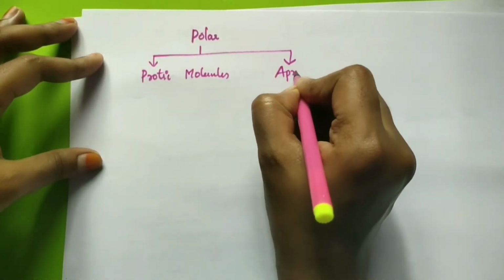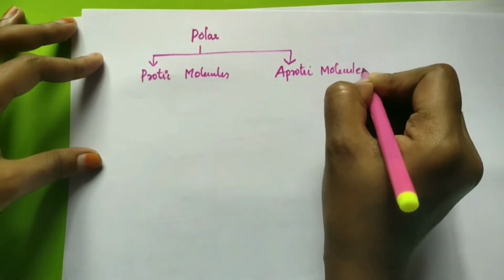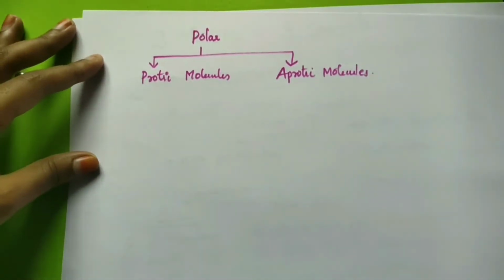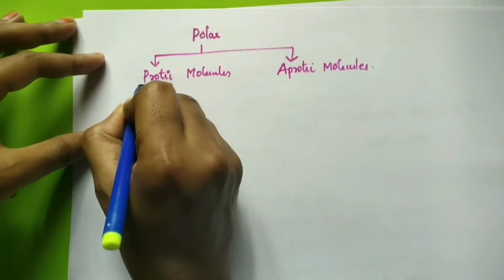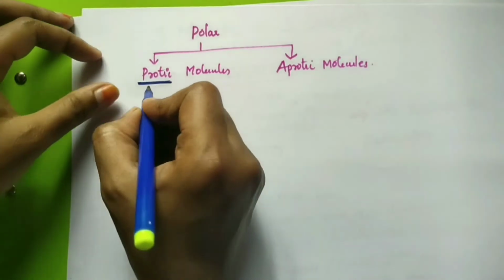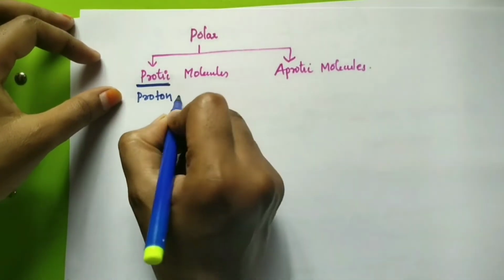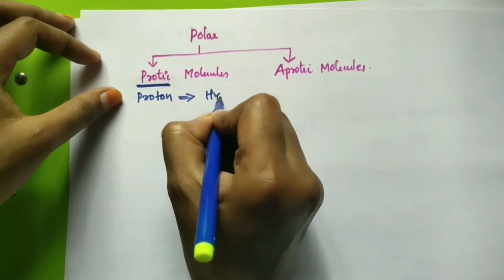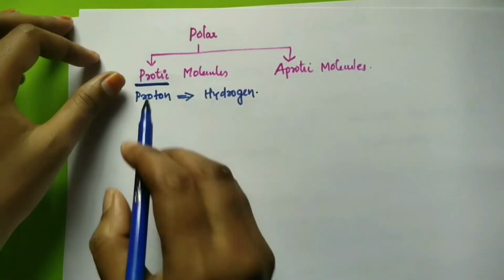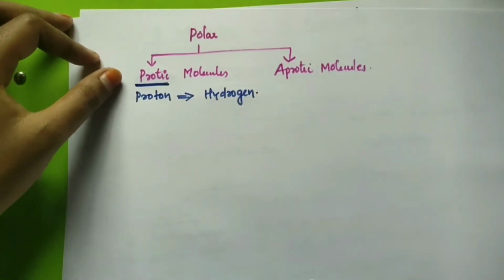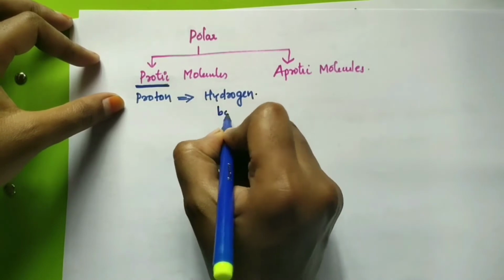What does protic mean? From the name itself, you can identify that it is a proton. Proton means hydrogen. From the name itself, we understand that hydrogen bonding is present.